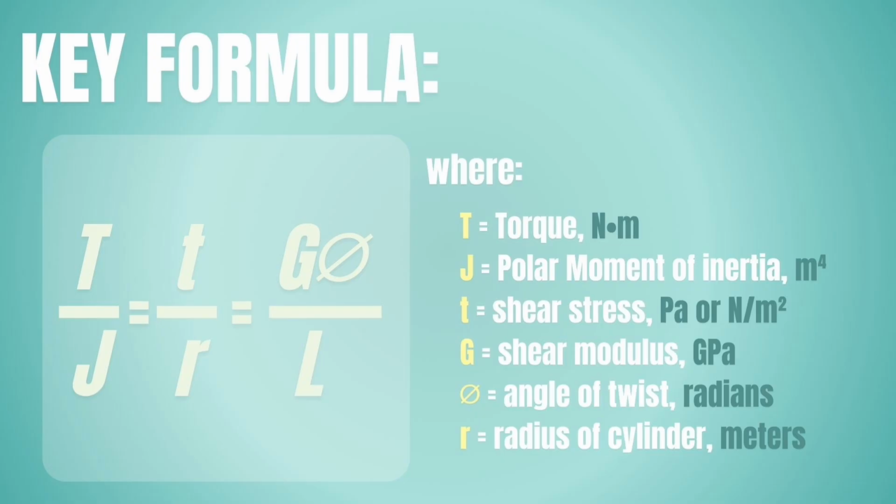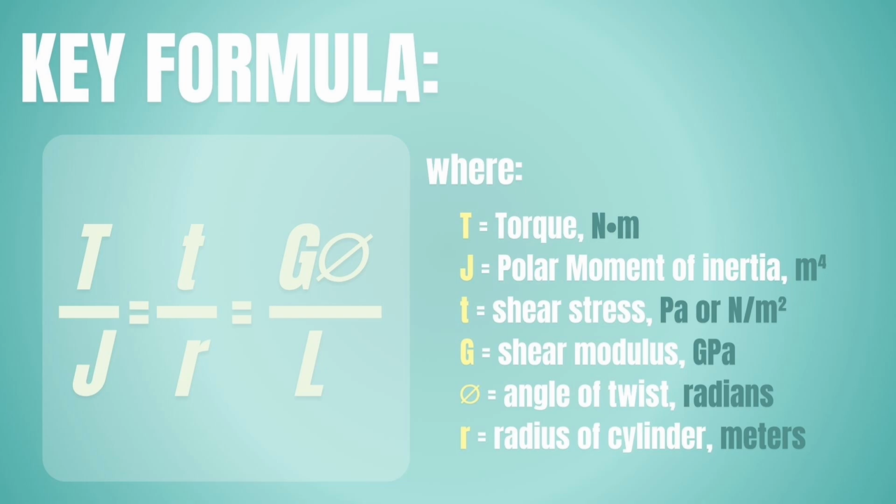So the key formulas are T over J equals τ over R equals G θ over L. Torque is measured in Newton meters, polar moment of inertia is measured in meters raised to the power 4, radius of cylinder, and torsional stress is measured in Pascal or Newton per meter squared.